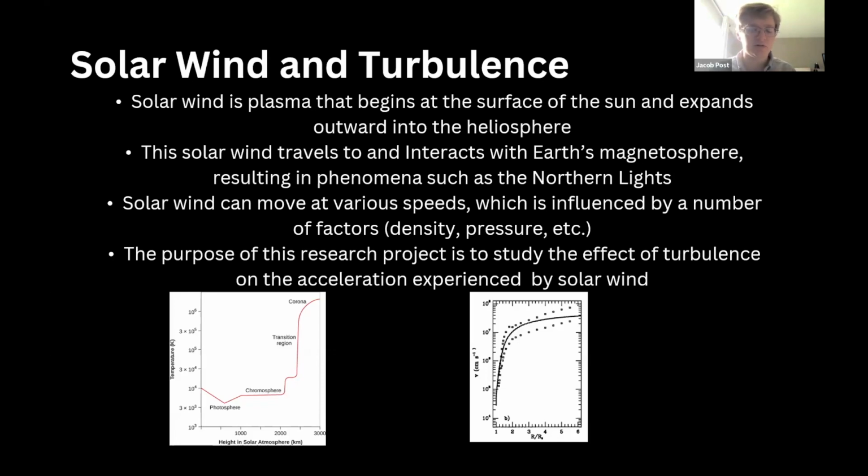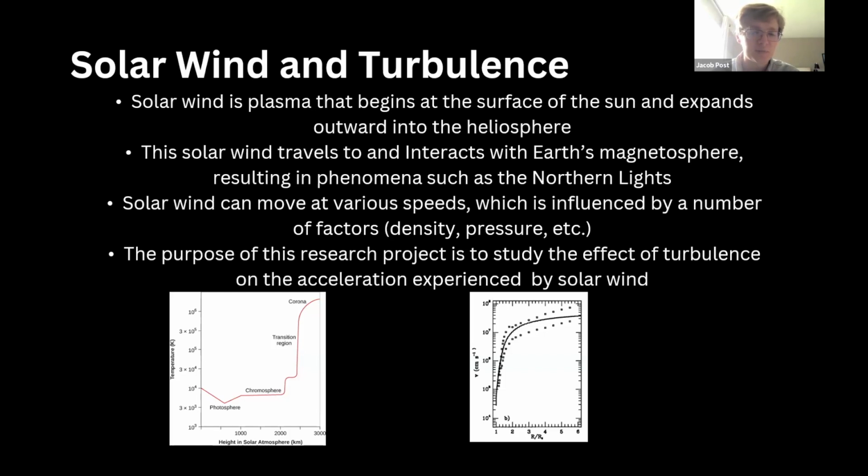The journey that it goes through will eventually lead to an encounter with Earth, and this encounter leads to phenomena such as the northern lights, which are very cool. Solar wind is influenced by a variety of different factors, including density and pressure. For the sake of my research, the main factor that I was focusing on is turbulence.